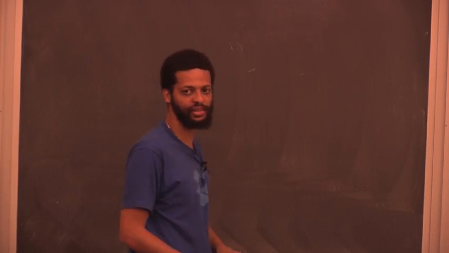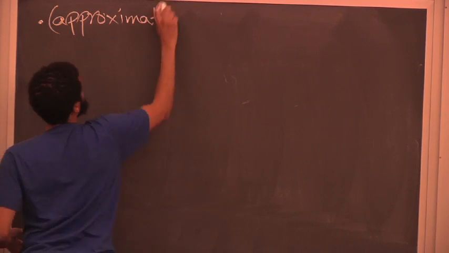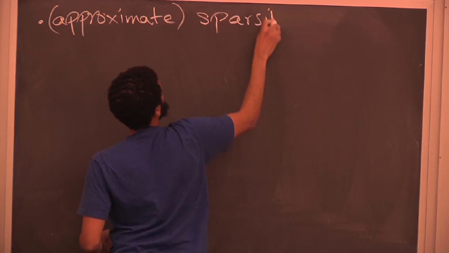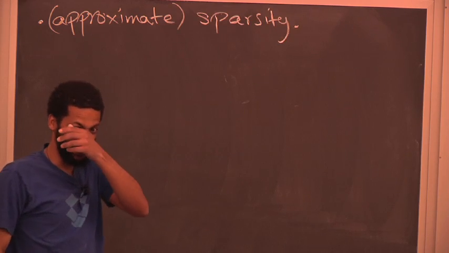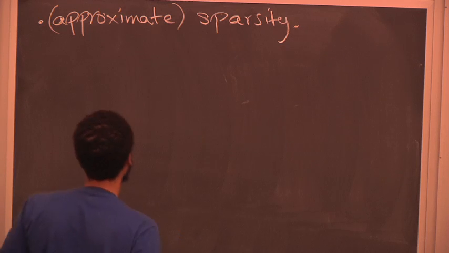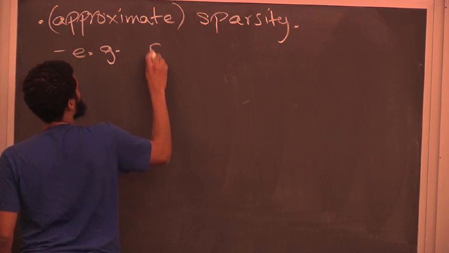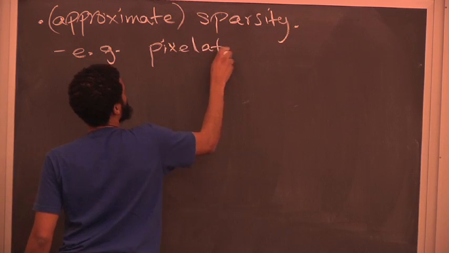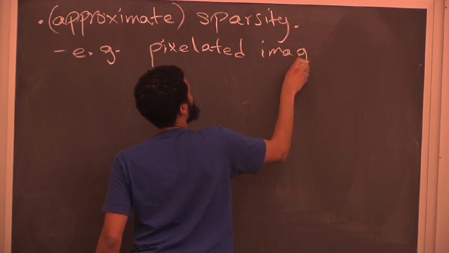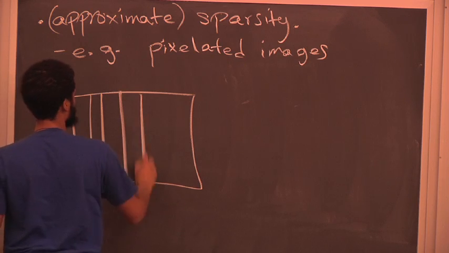So why do I care about sparsity and approximate sparsity? Well, it shows up all over the place. One of many examples is images. So I have an image, which is pixelated.